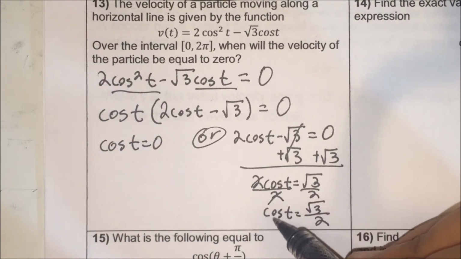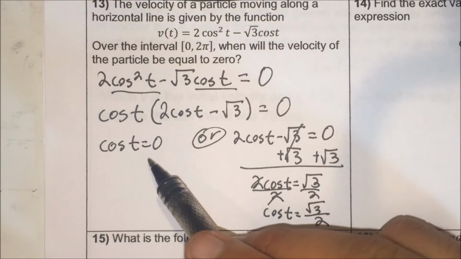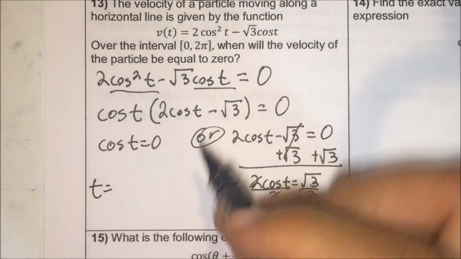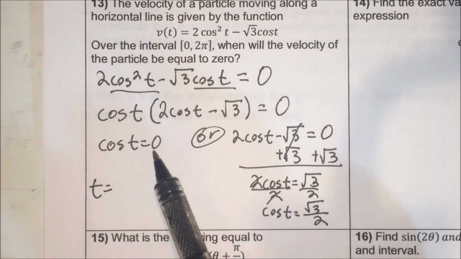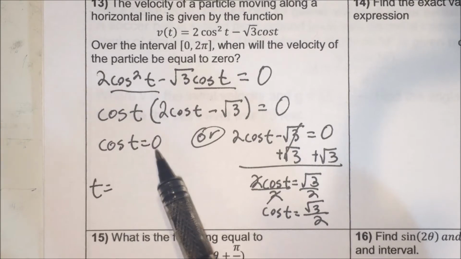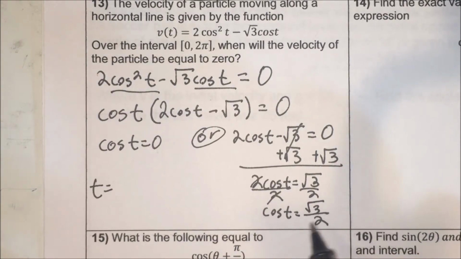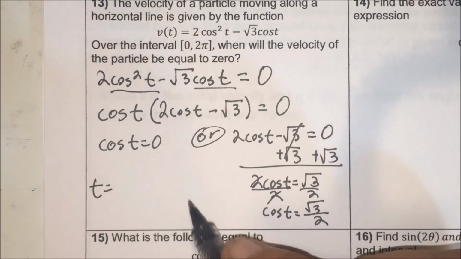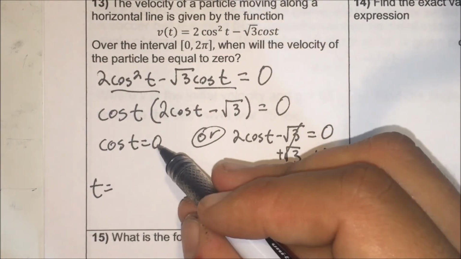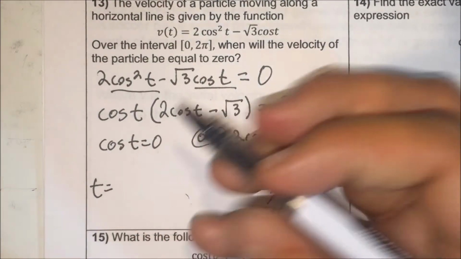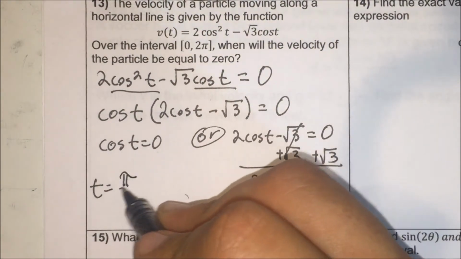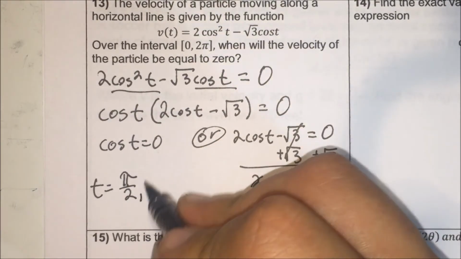So what we're going to need to do here is figure out what angles we can put inside of these cosines that would give us either cosine of 0, where the x-coordinate on the unit circle is 0, or an x-coordinate on the unit circle of the square root of 3 over 2. So we look on our unit circle. The first one that's going to give us a cosine of 0 is pi over 2. Let's knock those out first. And 3 pi over 2.